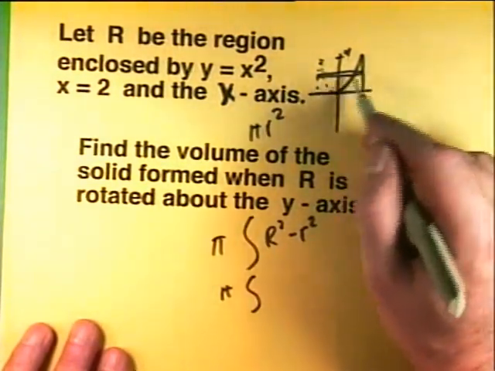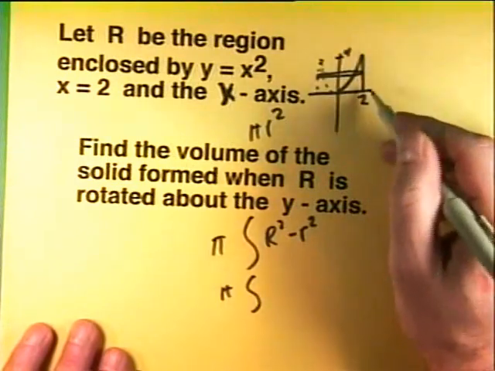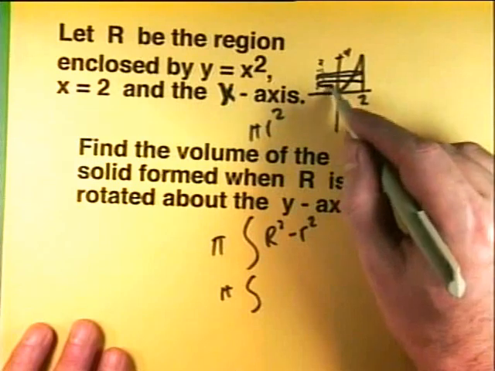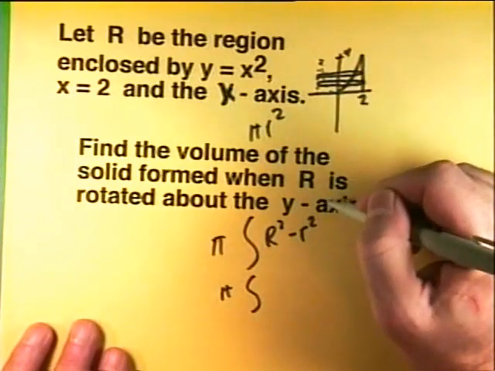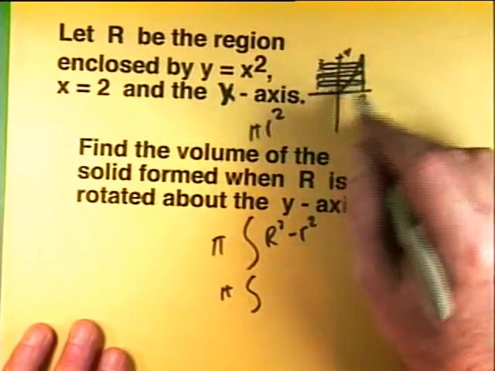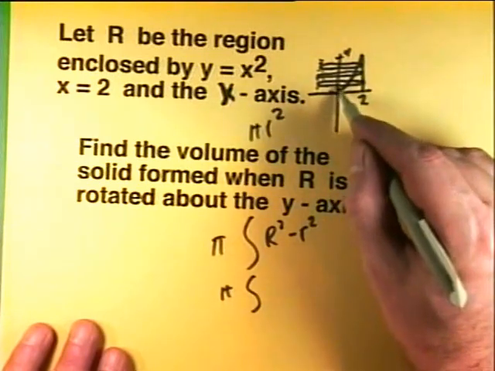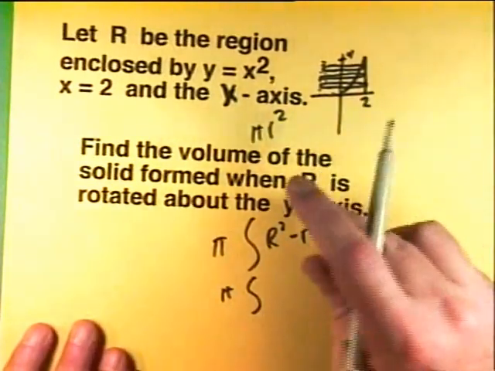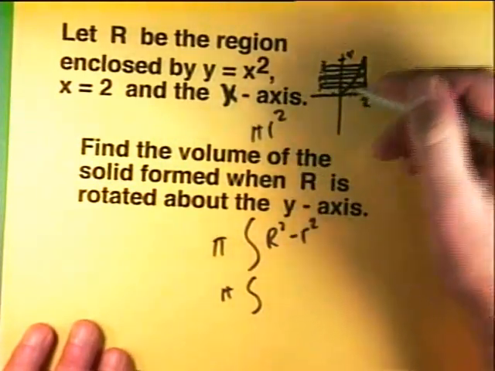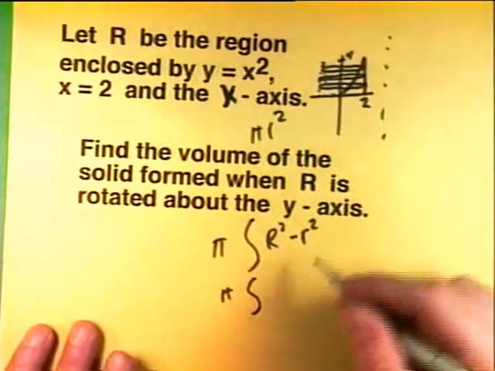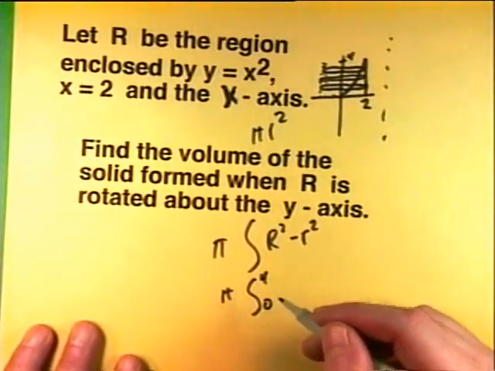If you're going across the y-axis or any vertical line, you're going to use y points. So remember that if it's rotated about the y-axis or any other vertical line, you're always going to use y points, because when you draw the washers, you add them all up from here all the way up to 4. Even if it's a vertical line like x equals 3, you're going to use y points. So it's from 0 to 4.